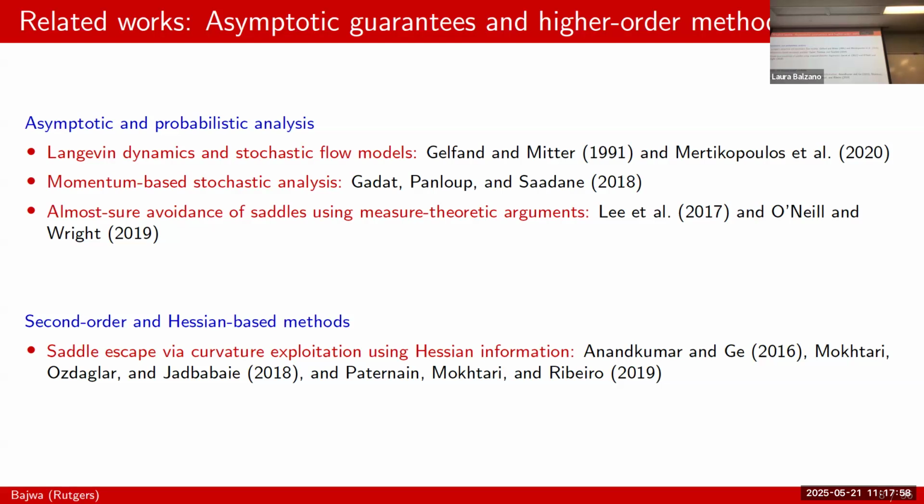So it doesn't apply to non-quadratic, non-convex functions. I was referring earlier to one of the other works, Gelfand and Mitter's work in 1991, based upon the Langevin dynamics-based stochastic flow models.